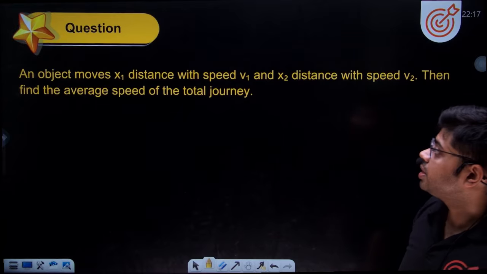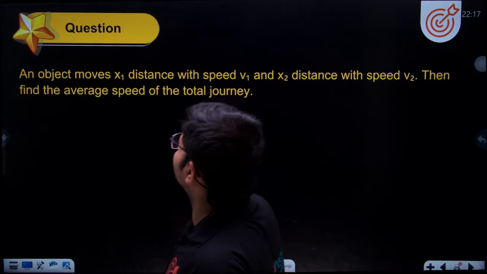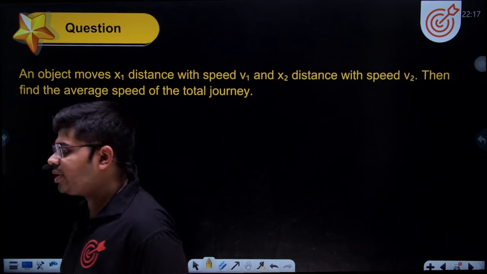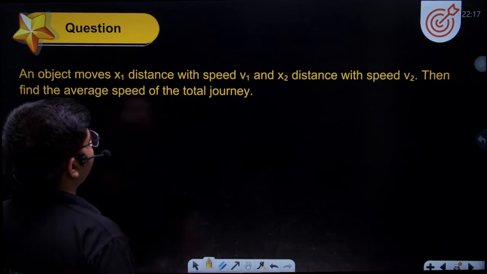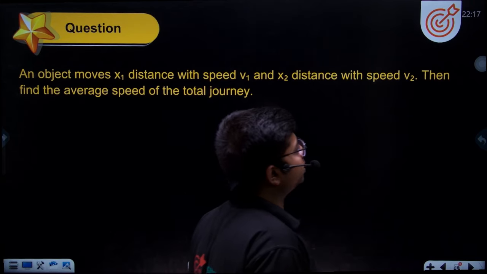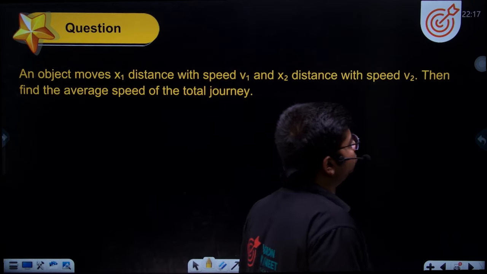Now suppose an object moves x1 distance with speed v1, and x2 distance with speed v2. Then find the average speed of the total journey.